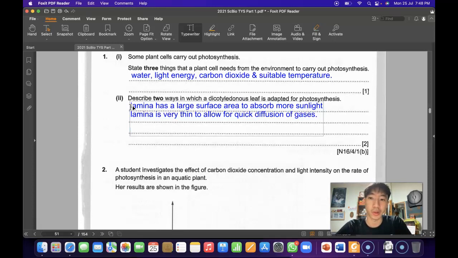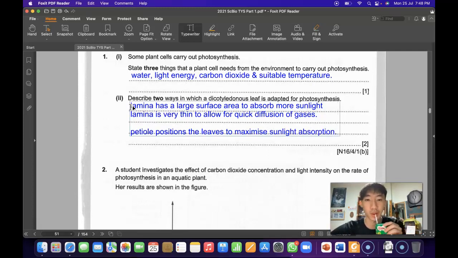Let's also talk about the petiole. There's quite a lot honestly, like 6, 7 ways that it is adapted, so just choose a few. You can say the petiole positions the leaves to maximize sunlight absorption. So just mix and match any of them.